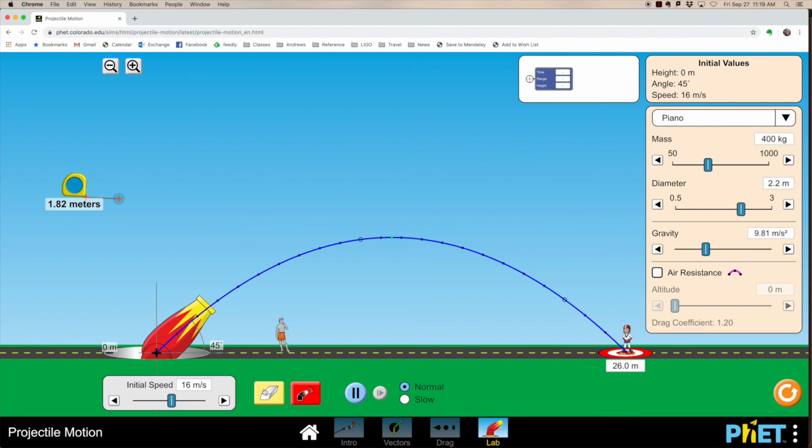And things like that. So play around with this. It's a good way to build your physical intuition as to what's going on, and of course it's just plain fun as well.